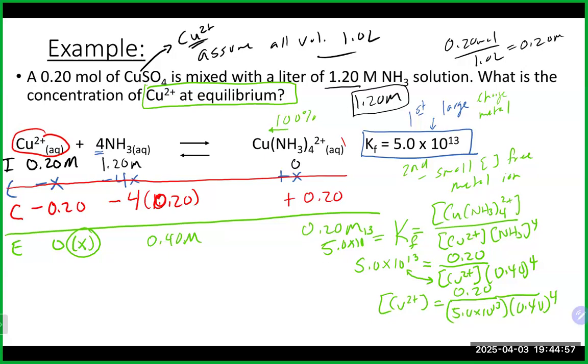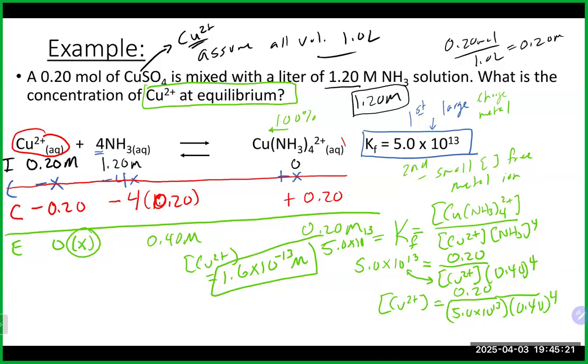So if we put that in now, we get 0.2 divided by 5 times 10 to the 13 divided by 0.4 to the fourth. That's going to give us a copper concentration at equilibrium of 1.6 times 10 to the minus 13 molar.